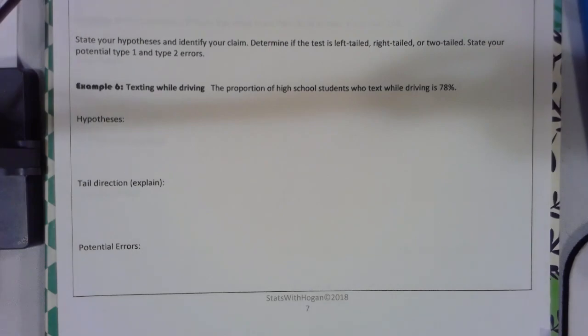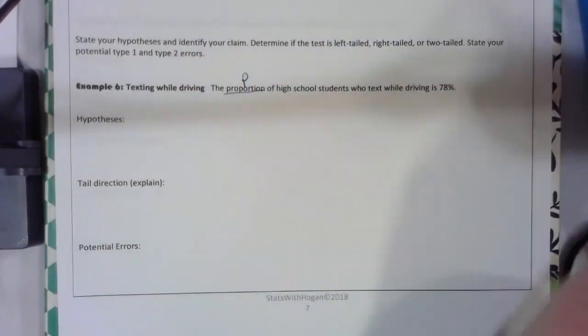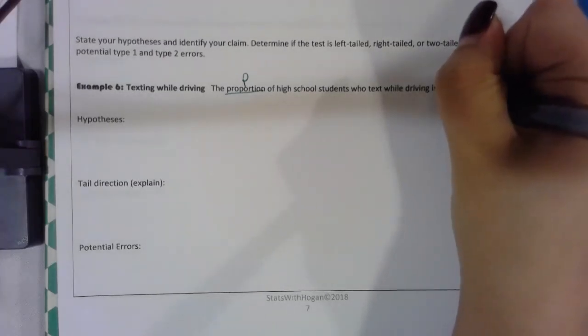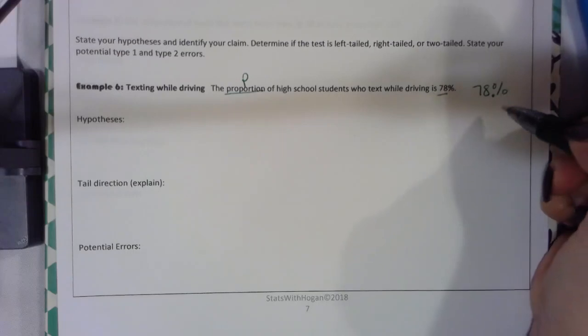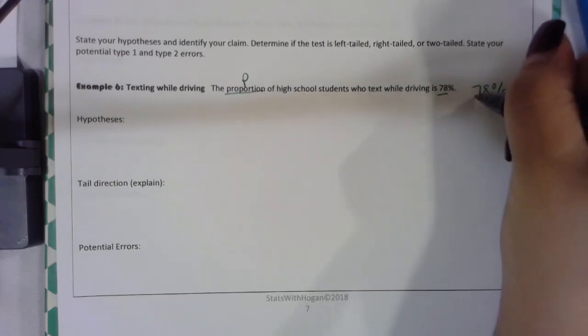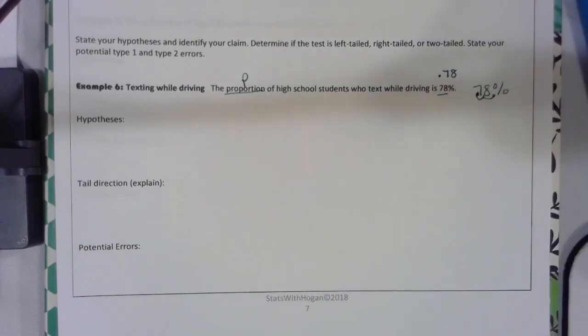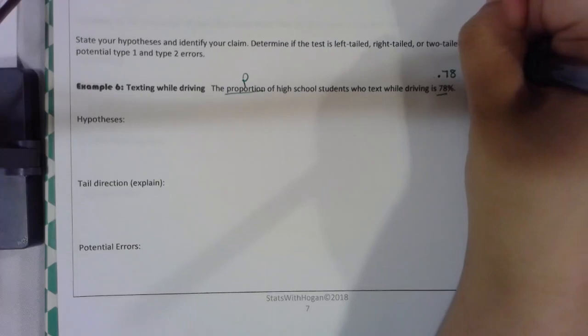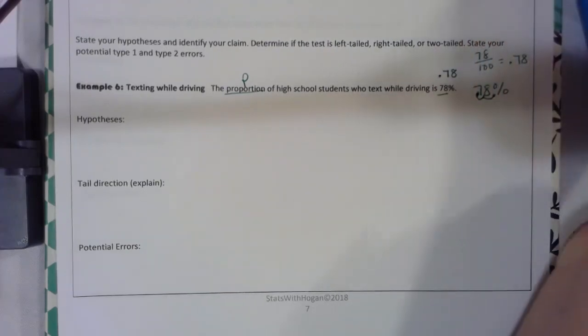I'm actually going to use green. Alright, remember, if you see the word proportion, that's P. 78%, that means the decimal is right up behind it, and you move it to the left twice to make it into the decimal of 0.78. Or you could take 78 and divide it by 100, and you would still get 0.78.